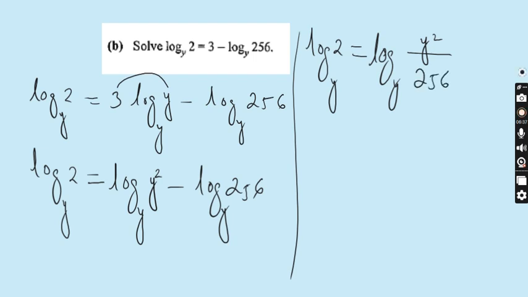In both sides there is a single logarithm, so you can cancel easily log y by log y, and this 256 must be multiplied by 2. y square, 256 by 2 is 512.